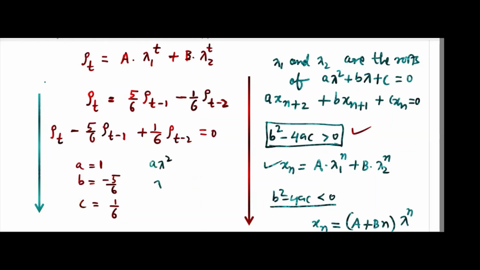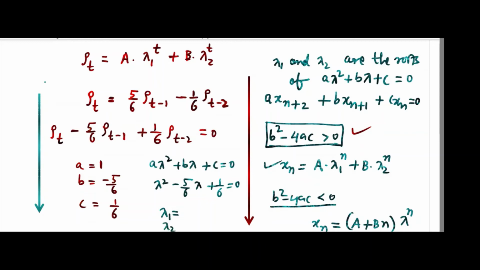A is 1, then plus B lambda minus 5 upon 6 lambda, then plus C is equal to 0, C is 1 upon 6. You solve and find two values of lambda.